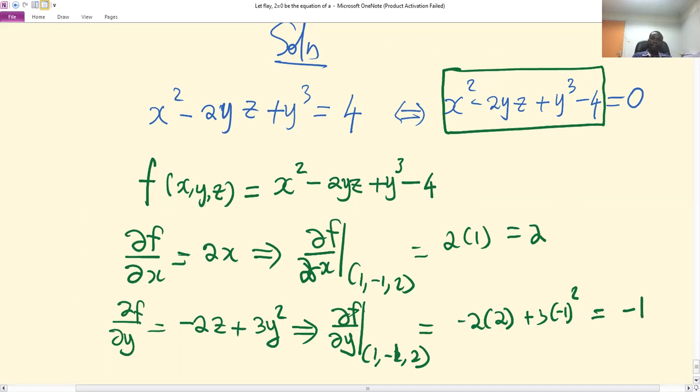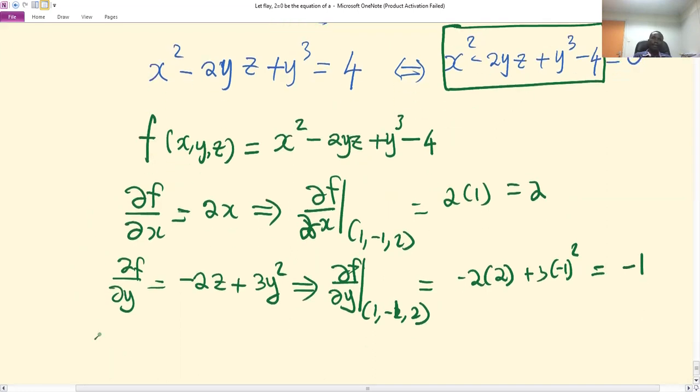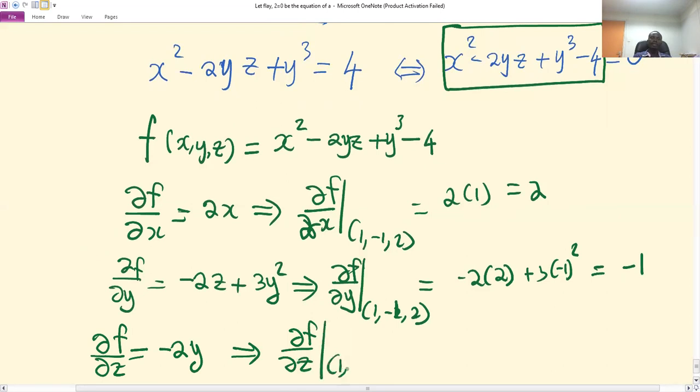And then partial f, partial z, this function will give us minus 2y, which means partial f, partial z at the specified point 1, minus 1, 2 would be minus 2 times minus 1, which is 2.